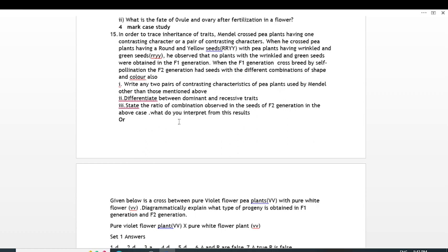That means a gene has the tendency, the power, to join with any other trait's gene. It does not depend on a particular gene. It can freely unite with the gene of the other trait. So you have to write about the law of independent assortment.